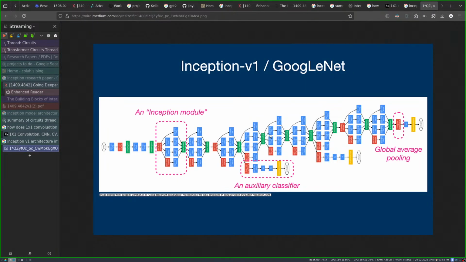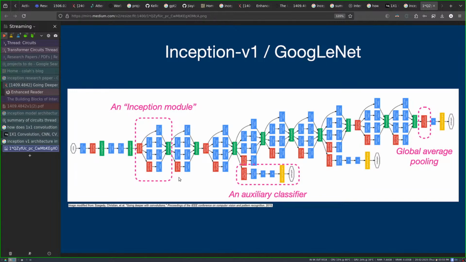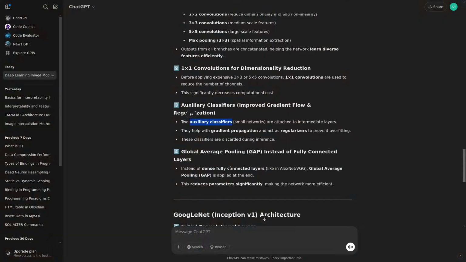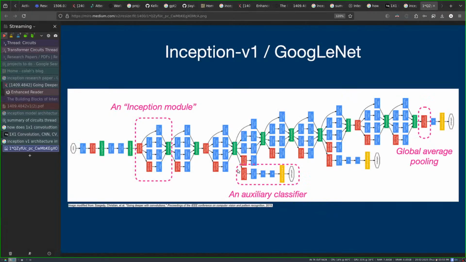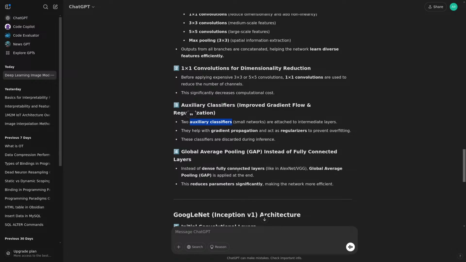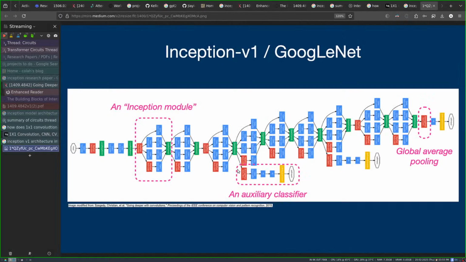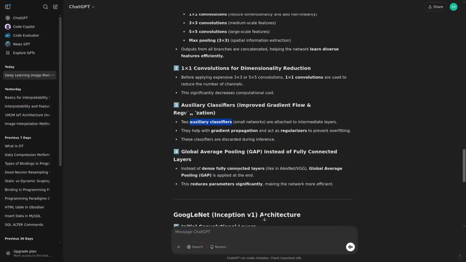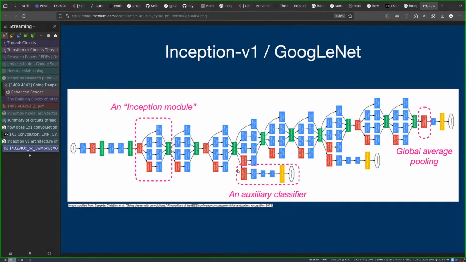Stem module, auxiliary classifier, global average pooling. Auxiliary classifiers are attached to intermediate layers.